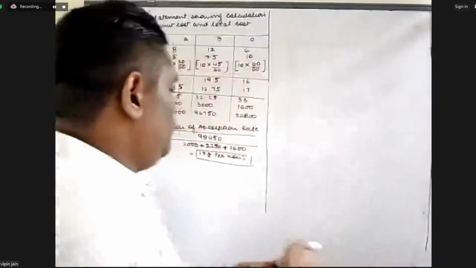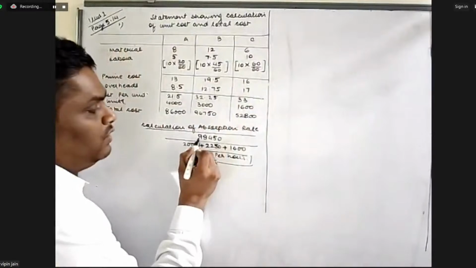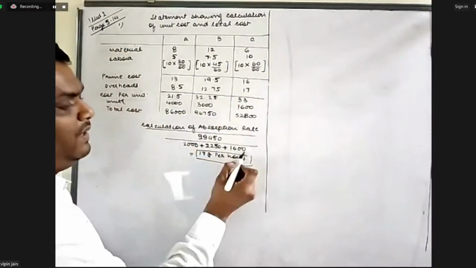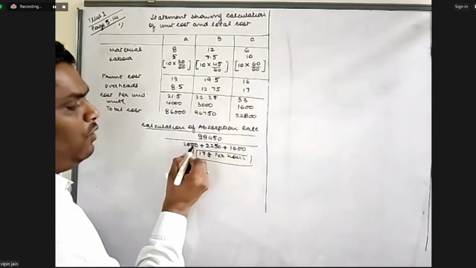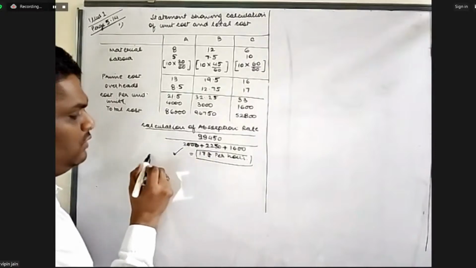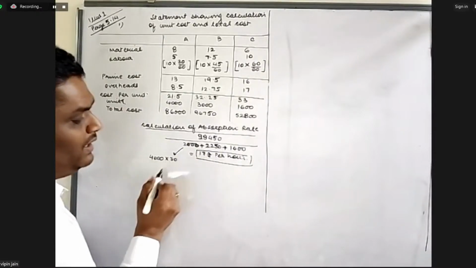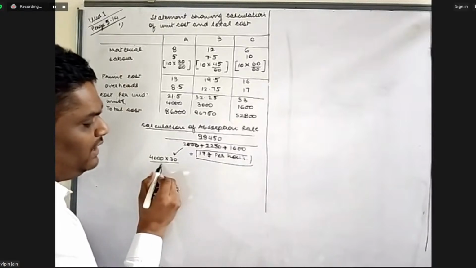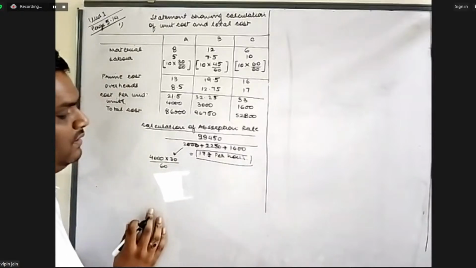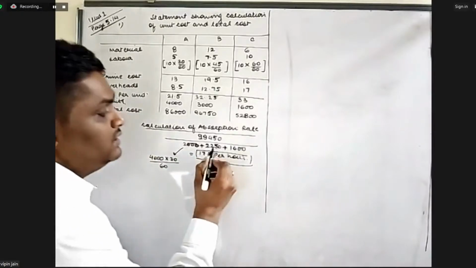Ms. Mamta Yadav, when talking about absorption rate, it is the total overheads divided by labor hours. How did I get these 2000 hours? See, 4000 units are manufactured and every unit requires 30 minutes. If we convert it into hours, it is divided by 60. So we will get 2000.